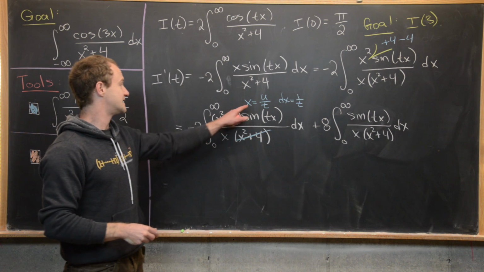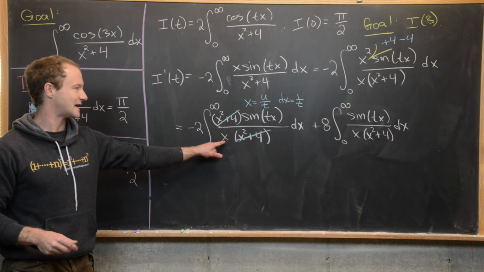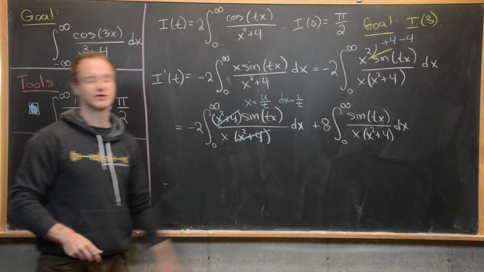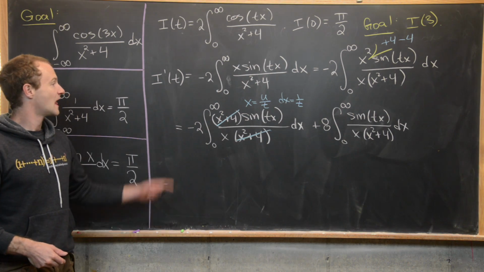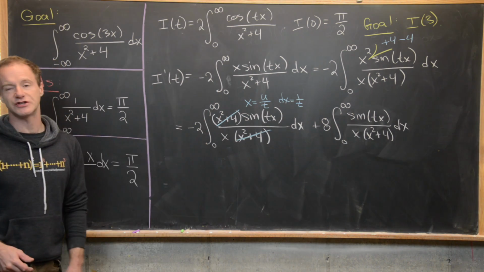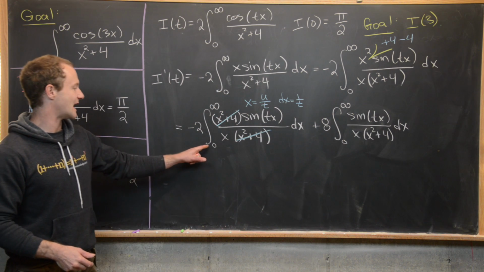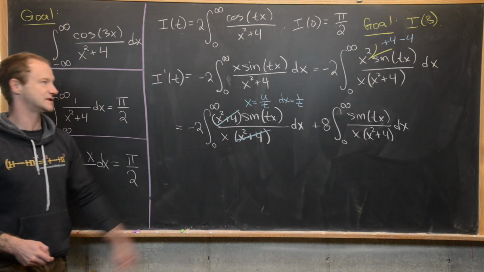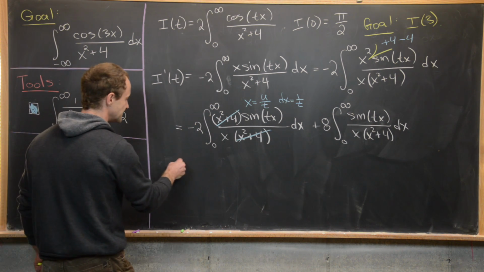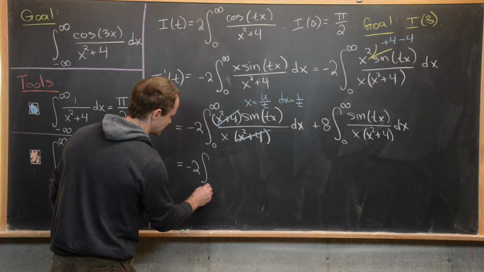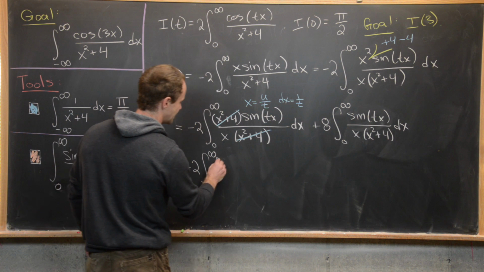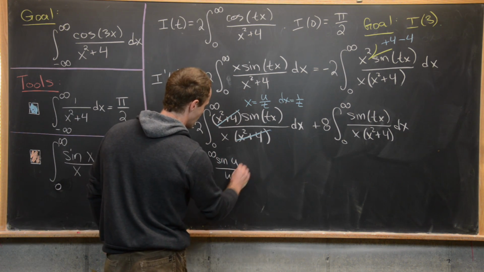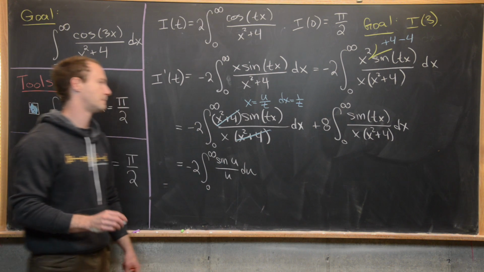And then the t that we introduced from this term down here will cancel the one that we introduced from the dx. And furthermore, our bounds of integration will stay the same, because when x is 0, u is 0, and when x is tending towards infinity, u is as well. So that's going to leave us with minus 2 times this integral from 0 to infinity of sine of u over u du.